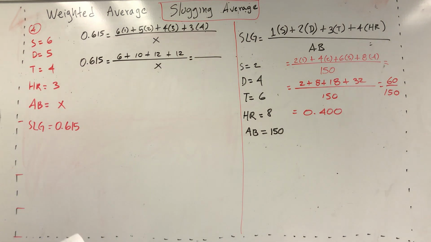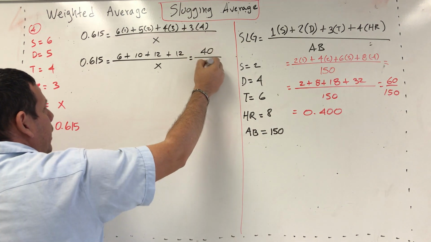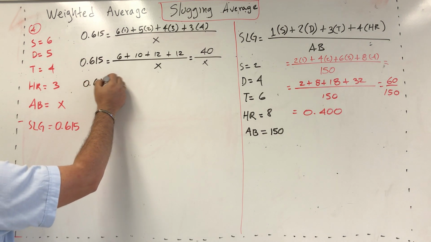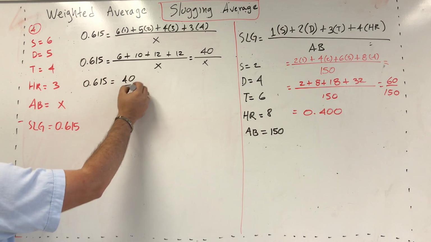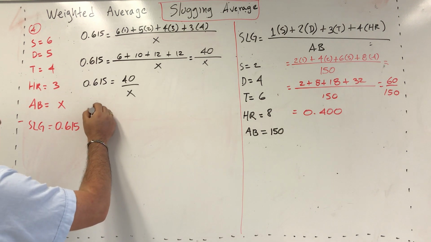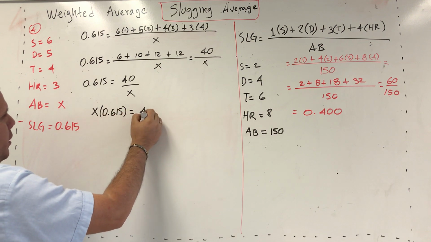When we add all those numbers, we get 40 divided by x. So 0.615 equals 40 divided by x. X times 0.615 equals 40.